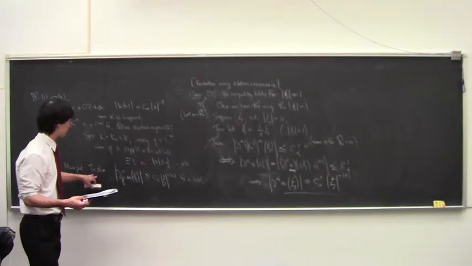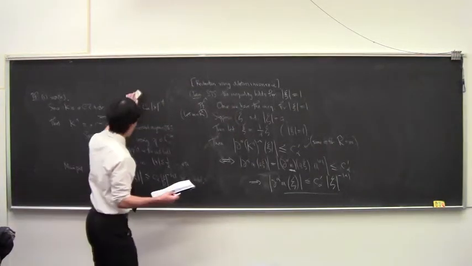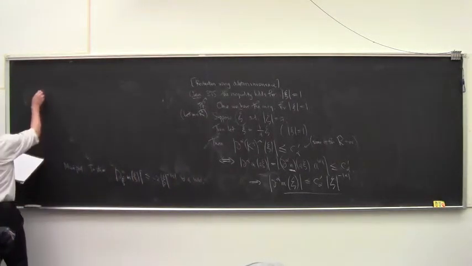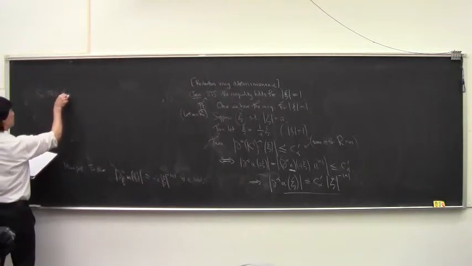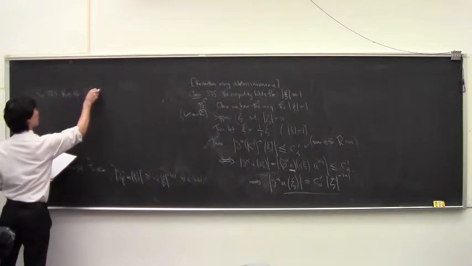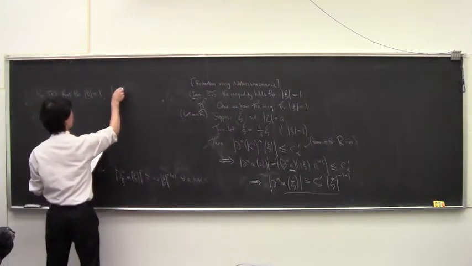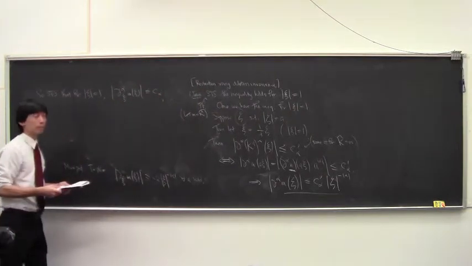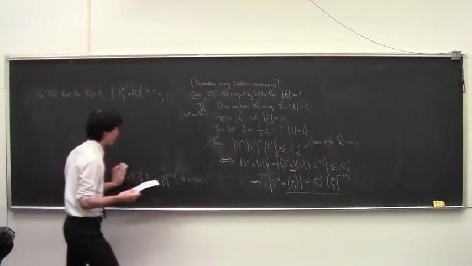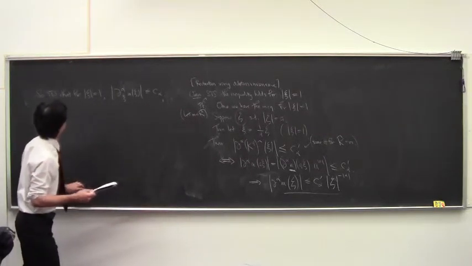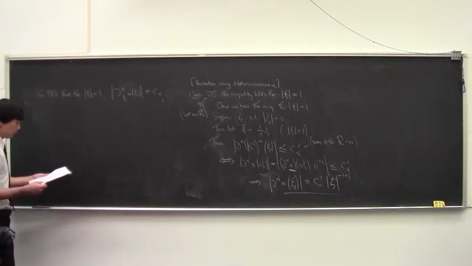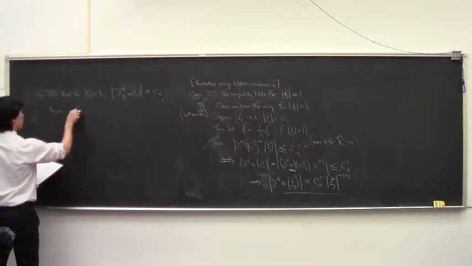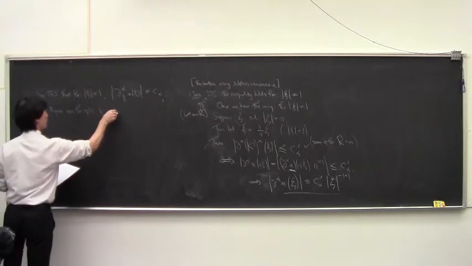So suffice it to show that for C equals 1, this is bounded by some constant. Again, we do the same sort of thing. Use the splitting K equals K naught plus K1.